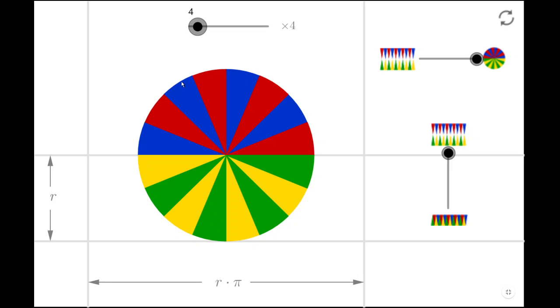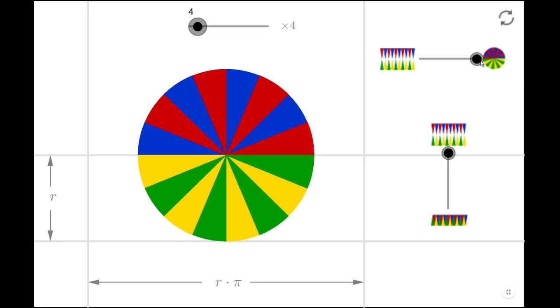Also, any line from the center to the outermost boundary of the circle is a radius. For example, this line, if I could draw a line in the middle of this also, it would be a radius, because that is a line from the center to the outermost boundary of a circle, which is the definition of a radius.